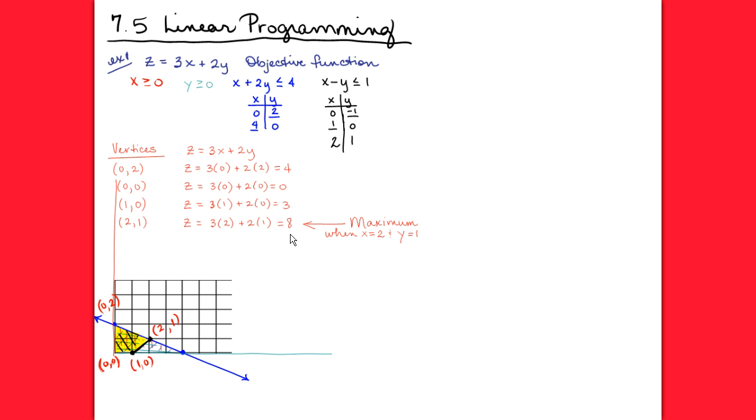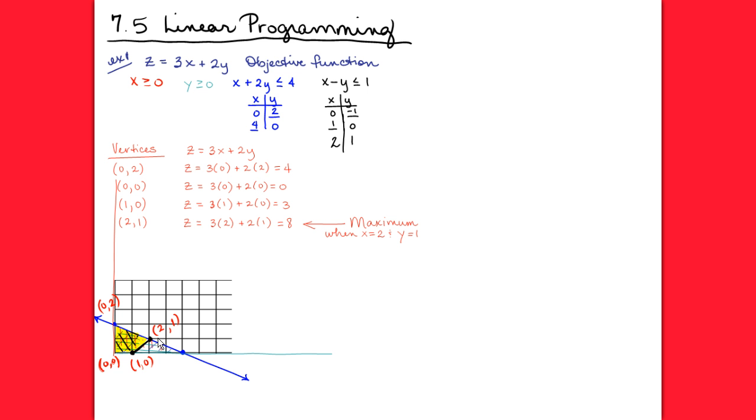So that's what we did right here when we graphed all 4 of our system of inequalities, and that gave us that region of feasible solutions. Then number 2, find the vertices of that region. And then number 3, test the objective function at each of those vertices and select the value of the variables that optimizes the objective function.